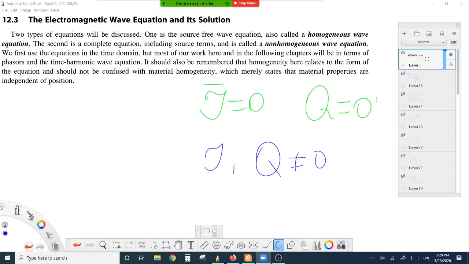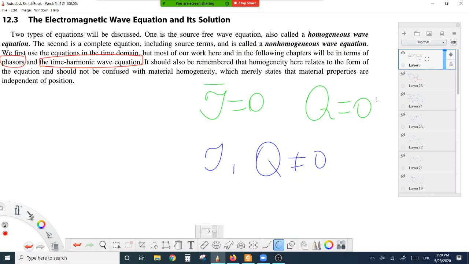First we will analyze our equations in the time domain, but most of the work in this chapter and in the following chapters will be in terms of phasors and the time harmonic wave equation.